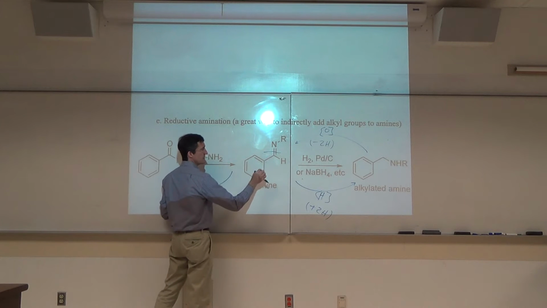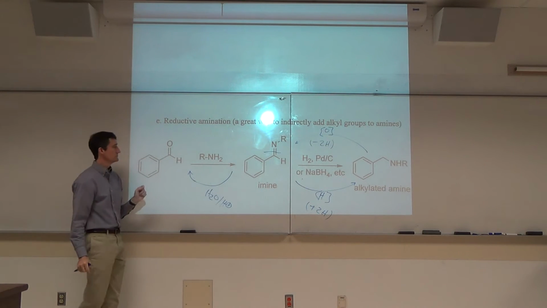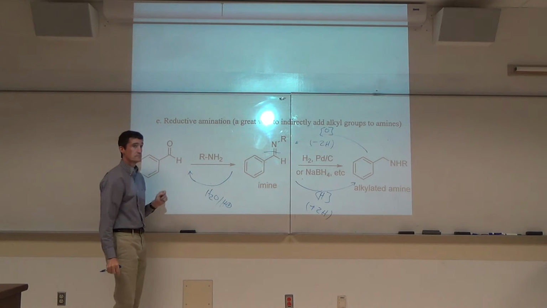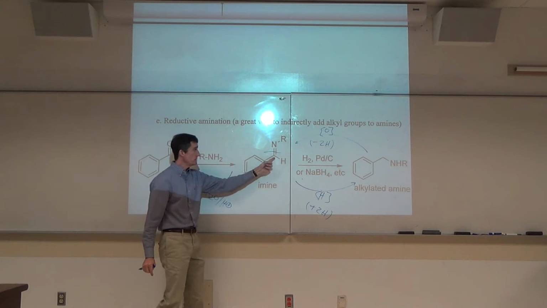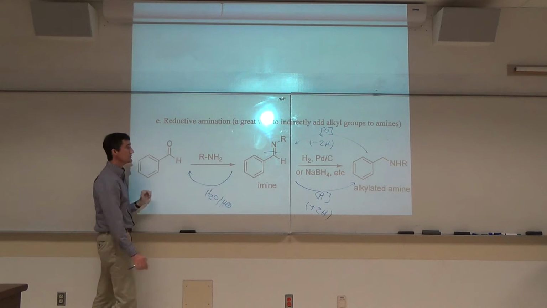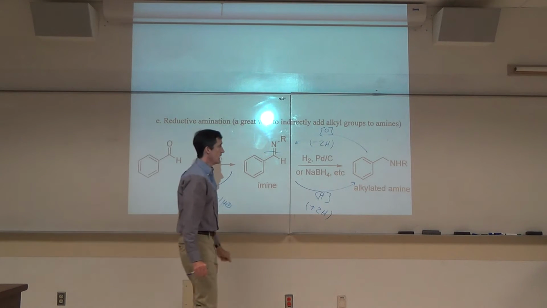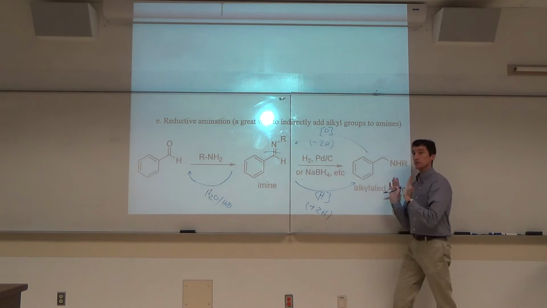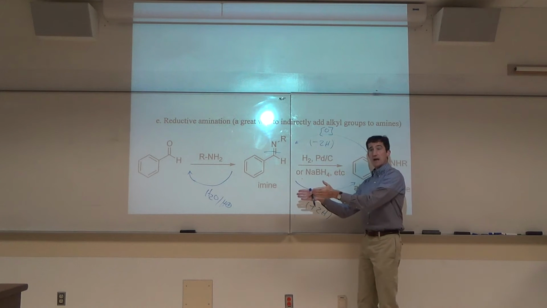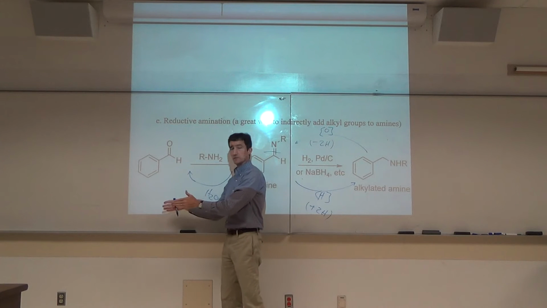It splits your imine into the amine, and what does this carbon become? Carbonyl, because how do you make imines? Amine plus carbonyl. So hydrolysis splits it back to the amine plus the carbonyl. So you can think about going backwards. I'm going to go back to the imine, and then I can separate that into the amine plus the carbonyl.